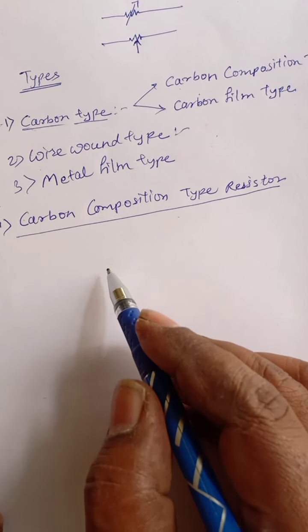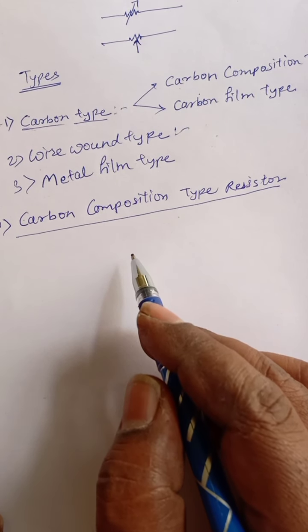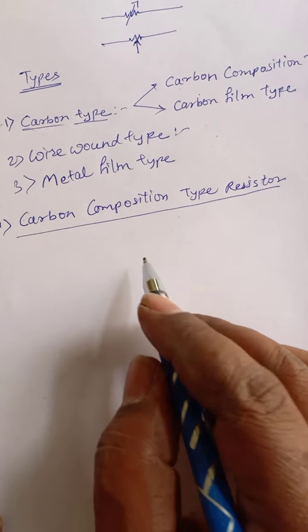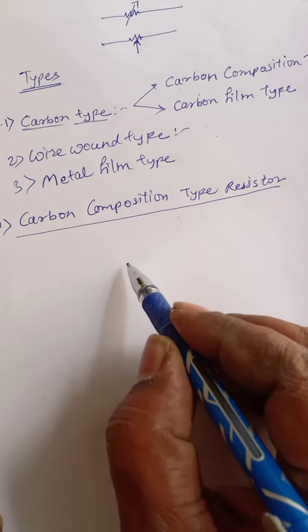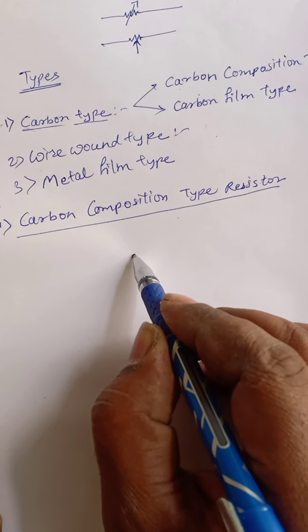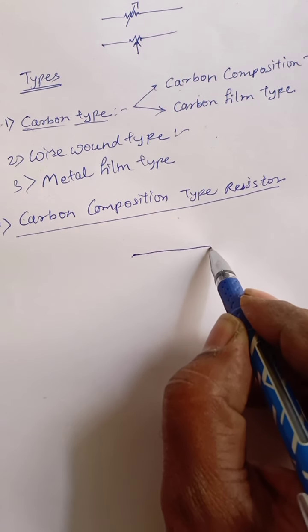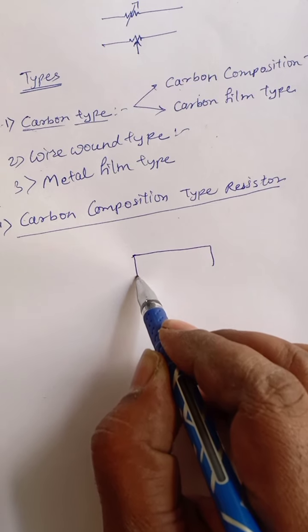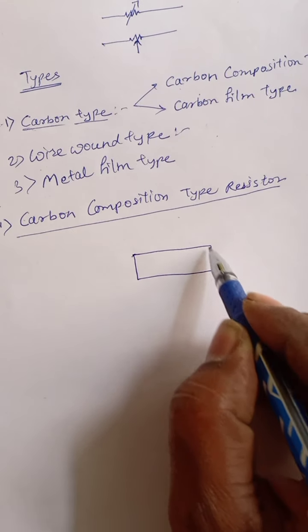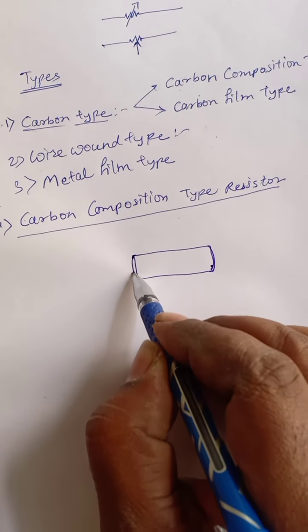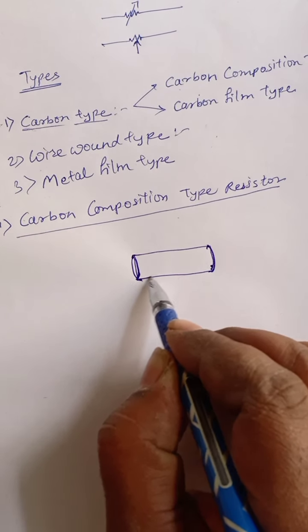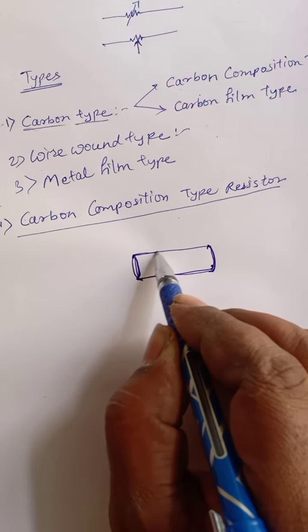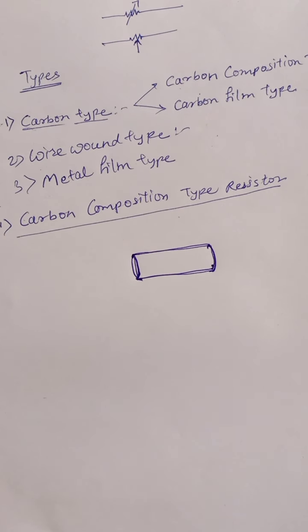We form a cylindrical type mold of that carbon material. This is a cylindrical mold with the carbon mixture.